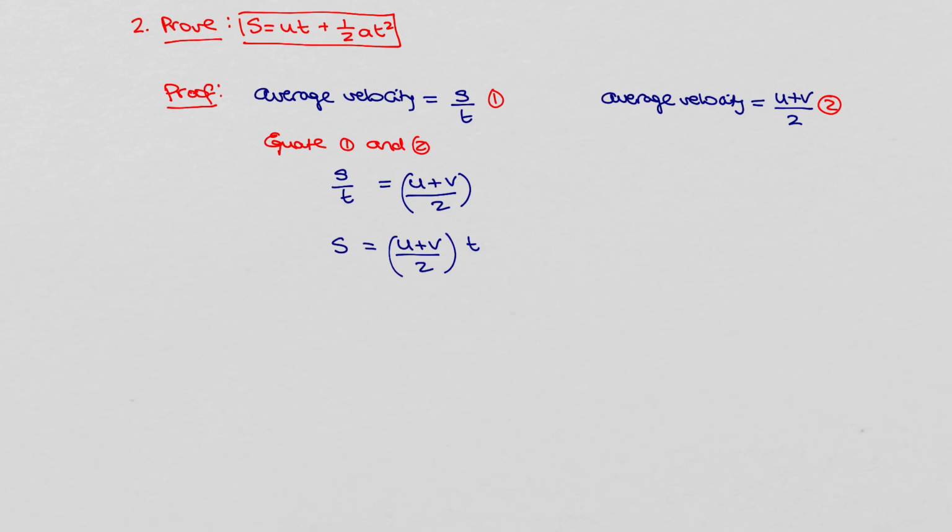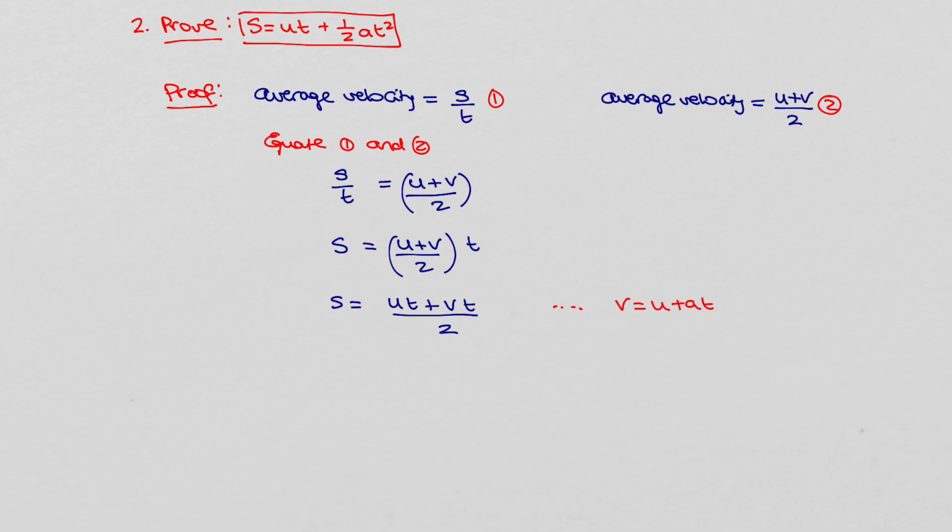So multiplying out the brackets on the right-hand side, that gives me ut plus vt all over 2. And as I said a minute ago, we can use what we've already proved. So we know already that v is equal to u plus at.